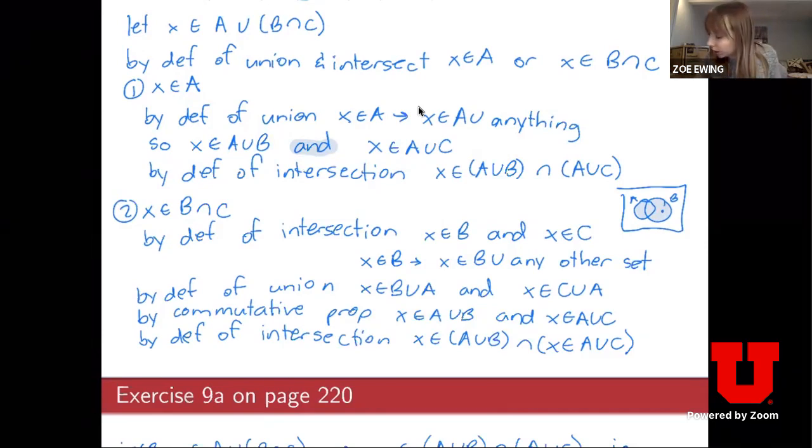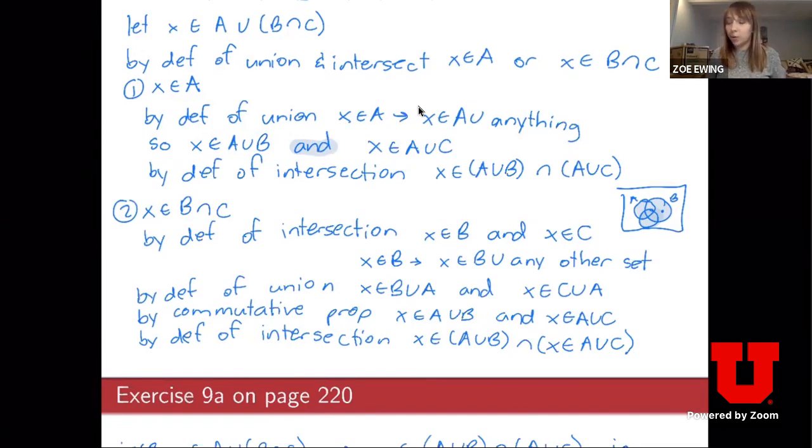We could have C here and it would still be in the union, because the union is just everything that's in B and everything that's in C together. It doesn't eliminate any elements. Does that make sense? Yes, thank you so much.